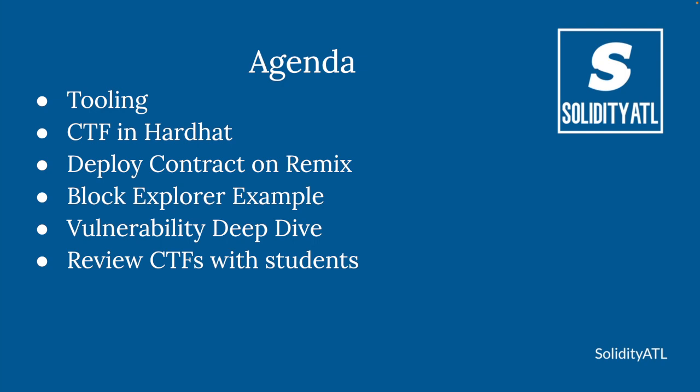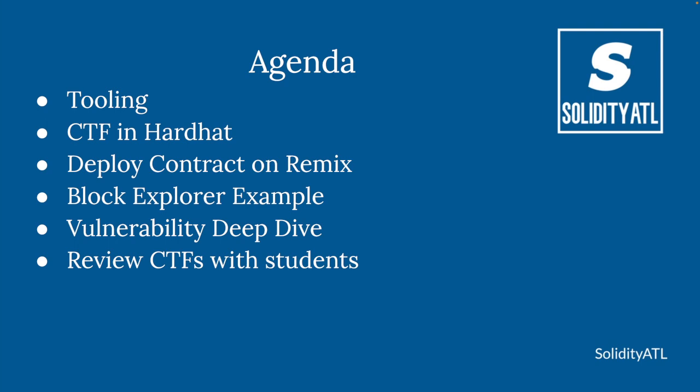So first, the tools we're going to go over are Hardhat, Remix, and Block Explorers, and just how to navigate around those. And we're going to go through an exercise of actually using Hardhat to show how you can use it to solve Ethernaut challenges by writing tests and writing contracts to actually exploit those.